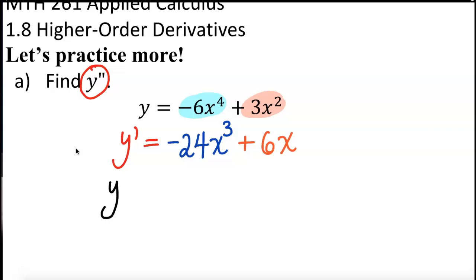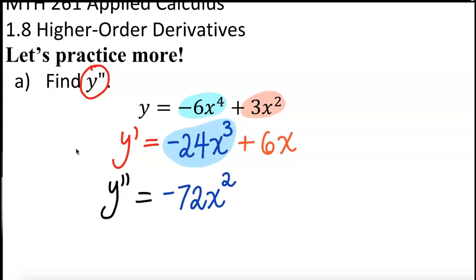So the y double prime, go from the line above. So if you're looking at negative 24x to the third power, negative 24 times 3 is negative 72. So we write down negative 72 and x to the second power.